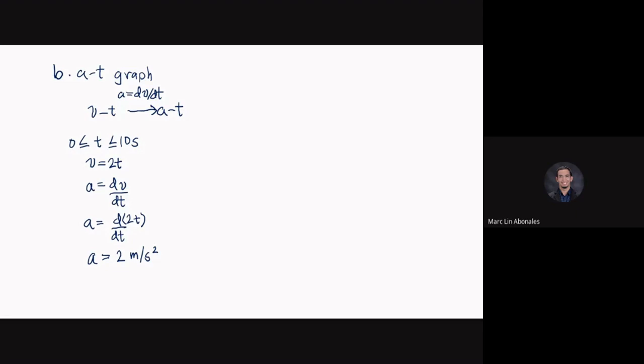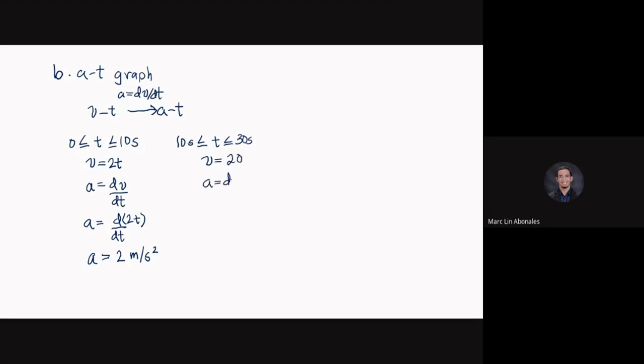The same thing during the time interval na 10 seconds to 30 seconds, that was represented with a function v is equal to 20, which is a constant.